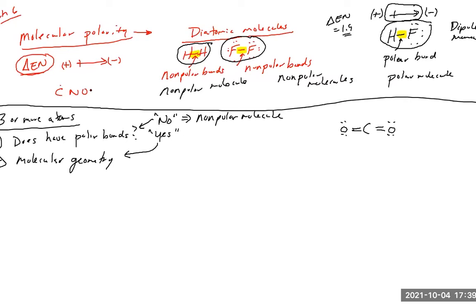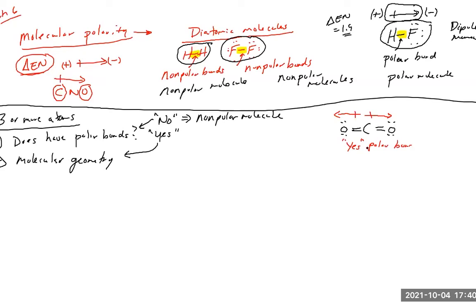When we're trying to decide if it's a polar bond between these two, because they are in the same period, we know it's going to be a polar bond, and oxygen is further to the right, which means it's going to be more electronegative. So we would draw those bond dipole arrows heading towards the oxygen. So in terms of CO2, yes is the answer to polar bonds.